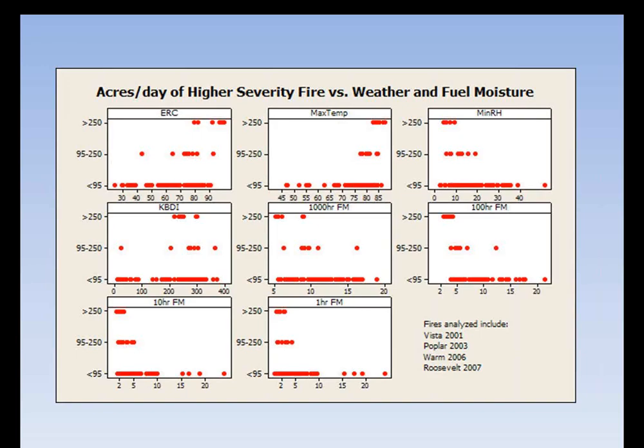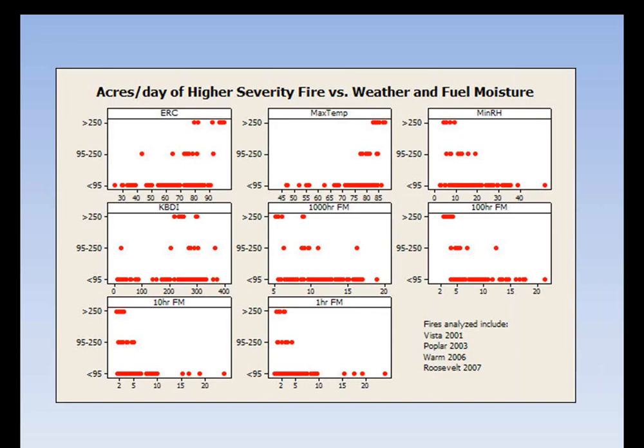We did small, which was less than 95 acres, medium-sized patch, which was 95 to 250 acres, and then large patches, which were greater than 250 acres. And the idea was, could we figure out, was there something going on that was causing these large, greater than 250 acre patches of high severity?